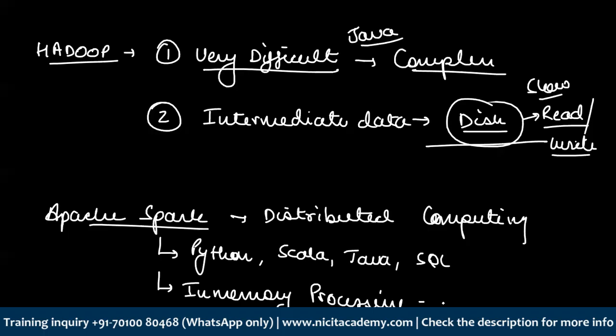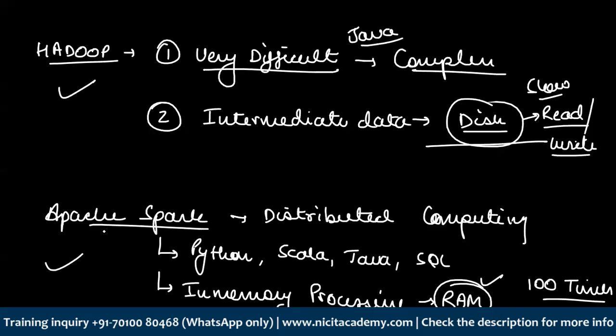Now the data was processed in RAM, and reading or writing data to the RAM turned out to be in some cases 100 times faster than the MapReduce framework. So using Apache Spark, we were able to achieve data processing speed that was 100 times faster than Hadoop.